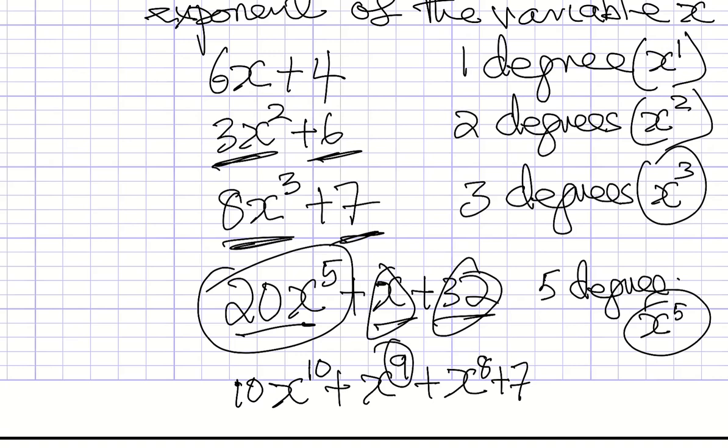It's not this one, it's not that one. It's this one, because the highest exponent there is 10, so it's degree 10. The highest one overrides the rest of them. That's how you determine the degree, so make sure you understand that.